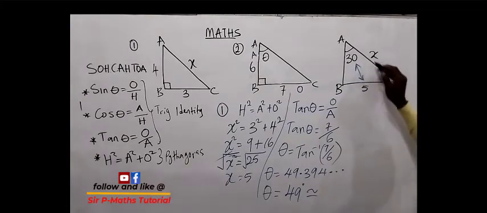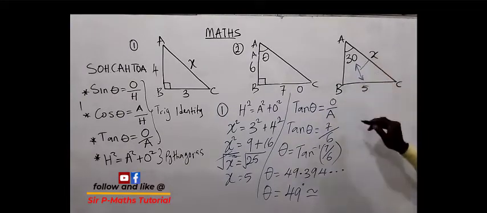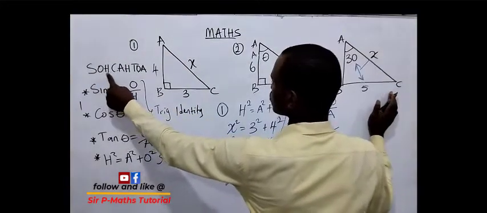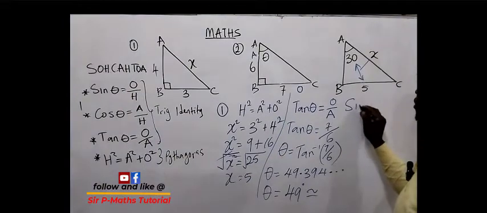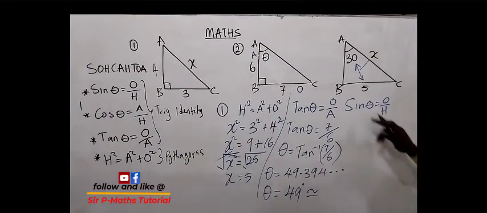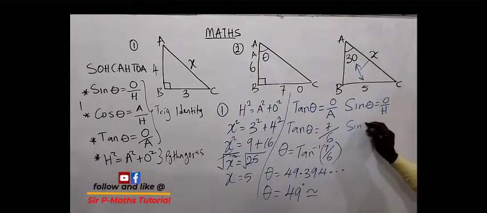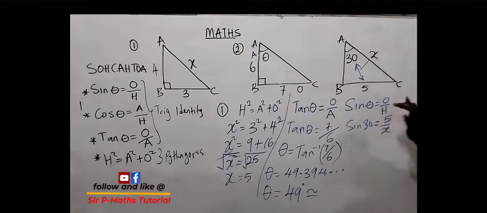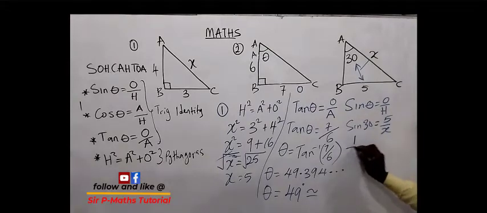I have opposite and hypotenuse. So it is sine theta equal to opposite over hypotenuse. Now, I'll say sine 30, my theta is 30, is equal to my opposite, which is 5, over x. The trigonometric identity of sine 30 is 1/2, equal to 5 over x.